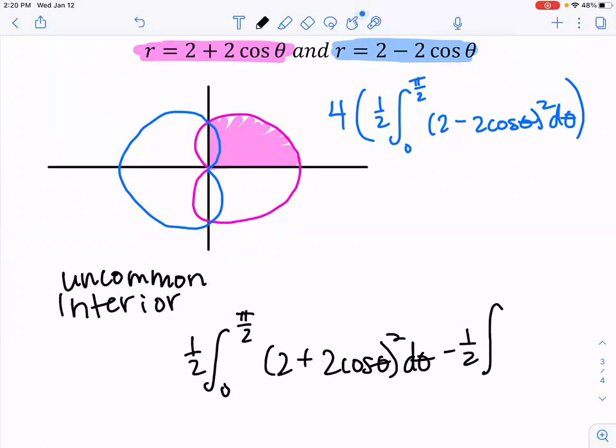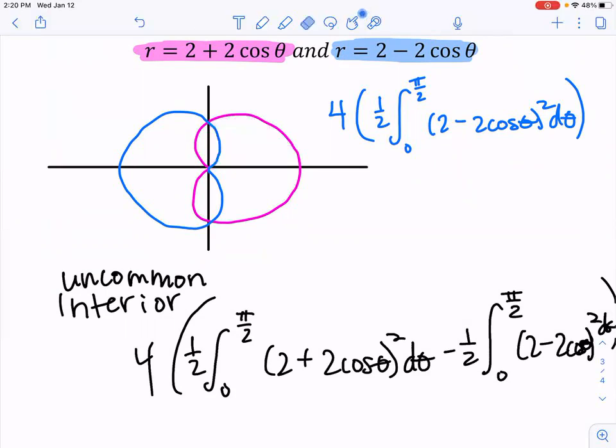Minus from 0 to pi over 2 of the blue. Oh, well, I suppose since we have the same limit of integration, yeah.